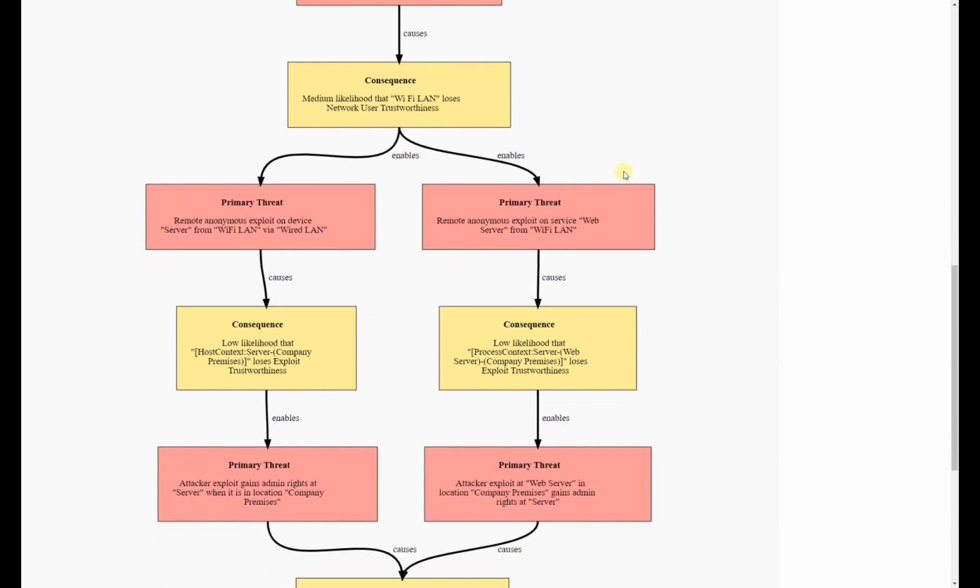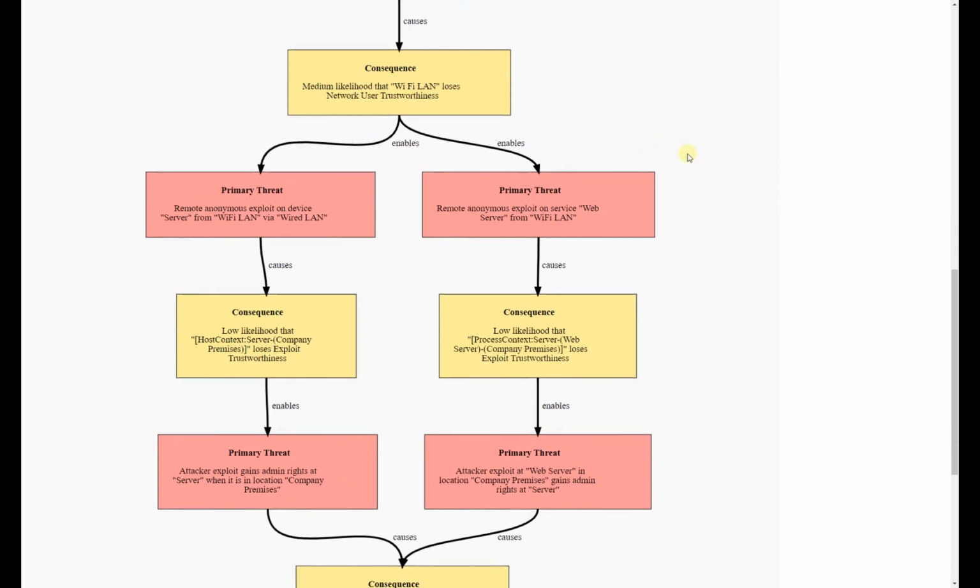Then we've got a branch, so this is sometimes where you get lost, because two things can happen here that are both quite likely. There's a remote anonymous exploit on the server from the Wi-Fi LAN via the wired LAN. So we're able to use the understanding of how the networks connect up to say, well, that's something that could be possible. Or the attacker might find an exploit on the web server service. Remember, that's the thing like Apache, the actual application process.